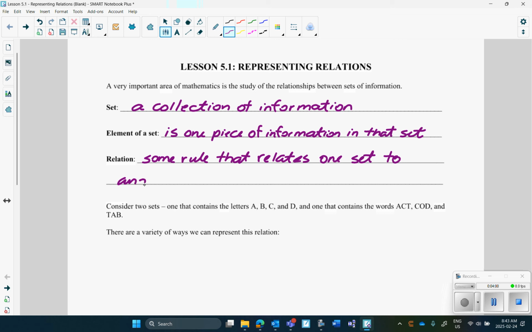So like I said, a set of information could contain times, like 20 minutes, 25 minutes, 33 minutes. And then another set could contain distances. And then maybe there's some rule that depending on the time, this is how far you travel. Okay.